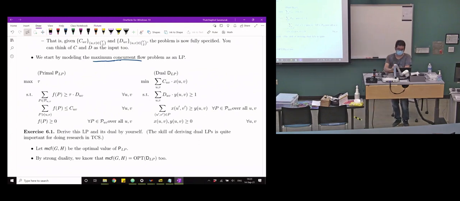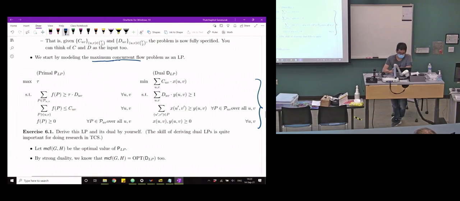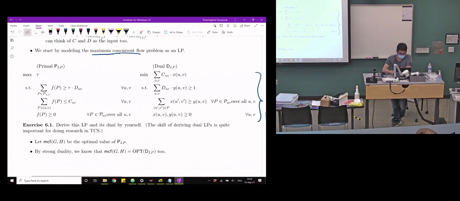So we can write a dual, and it looks like this. And you should try to verify that this is the dual by yourself. Or if you want, I can show it in the exercise session. But I really encourage you to try, because the skill of deriving a dual LP is really important, I think, to do research in TCS. Very, very good thing to have.